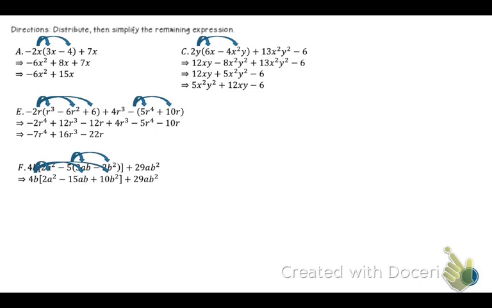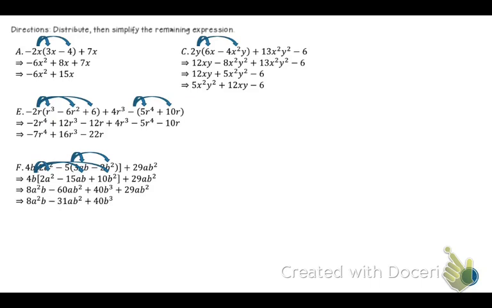So 4b times 2a squared is 8a squared b. 4b times negative 15ab is negative 60ab squared. 4b times 10b squared is 40b cubed. Now we can combine those because that 29ab squared can combine with that middle one. So negative 60 plus 29 is negative 31. So that's 8a squared b minus 32ab squared plus 40b cubed.